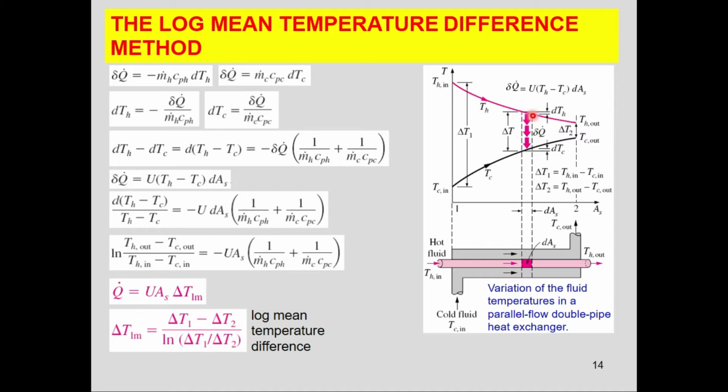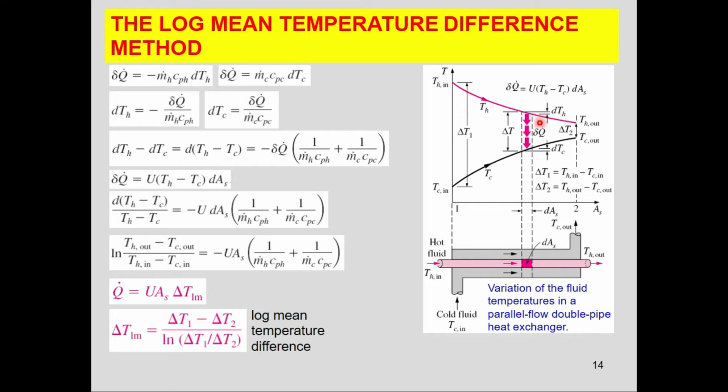The temperature change along the hot fluid in this control element is delta TH, and for the cold fluid, the temperature change in this control element is delta TC.